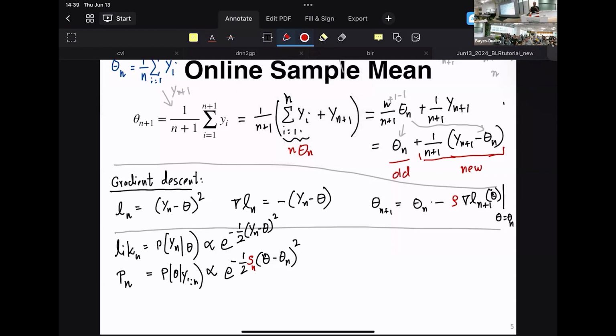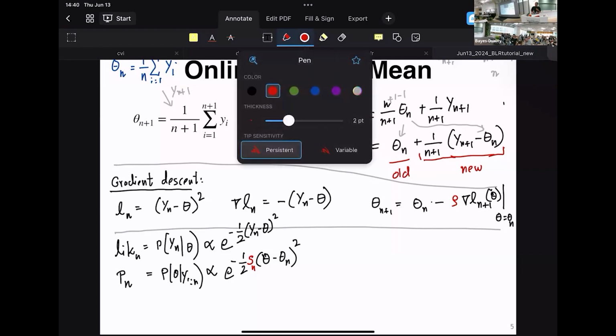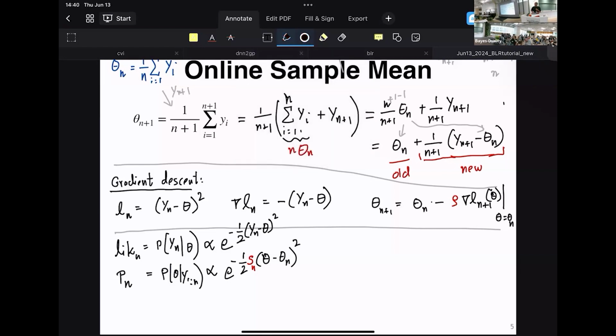Can anybody guess what Sn should be in this case? Yeah. Okay, somebody said, but any answers? It's n. It's the sample size, and essentially it's very similar to choosing rho. Rho is the n+1 step size, and in this case it's that.